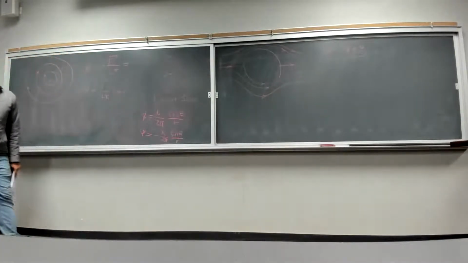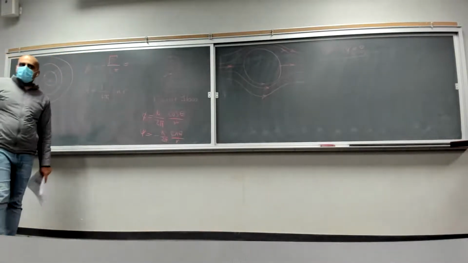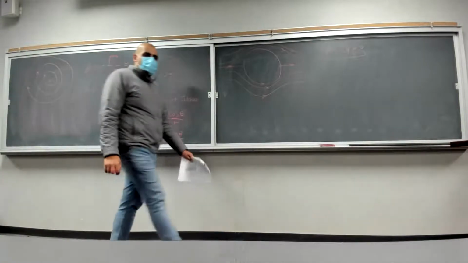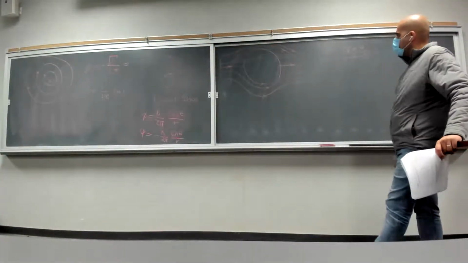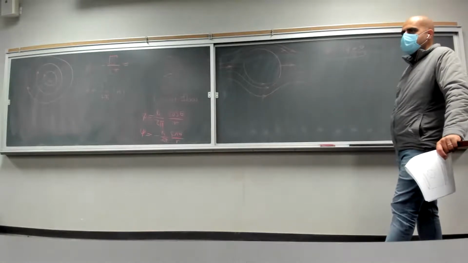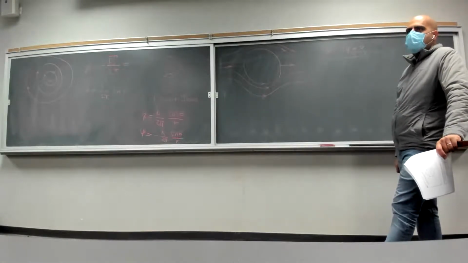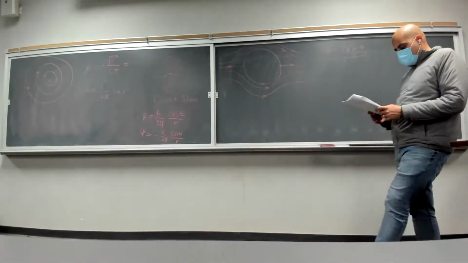So, what do you think? Which types of flow can we use here, or should we use here, to build up this type of flow? Flow past the cylinder.